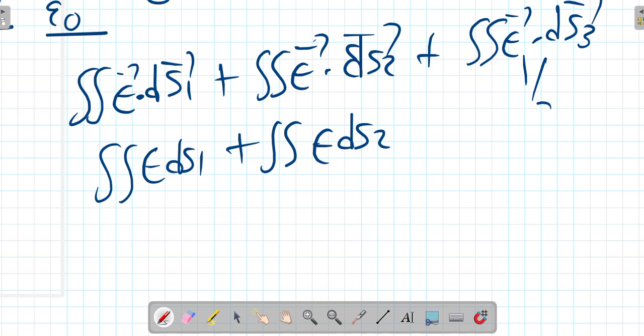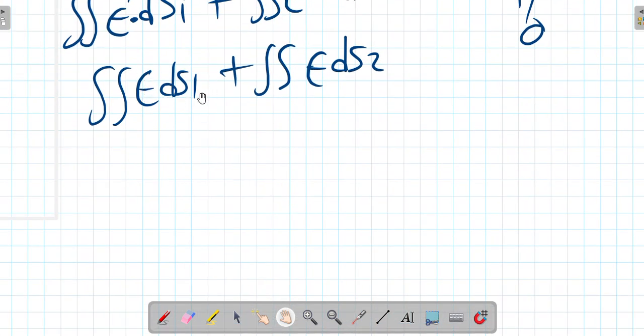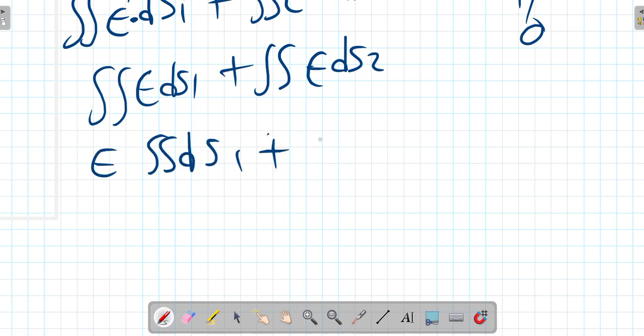Then this one is 0. So E is independent of dS1, so you just take it out of the integral. E dS1 plus E dS2. Now whenever you have this situation, it's just S1. You're summing up all the small S1s, so it's just S1.